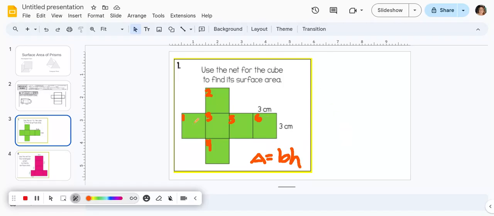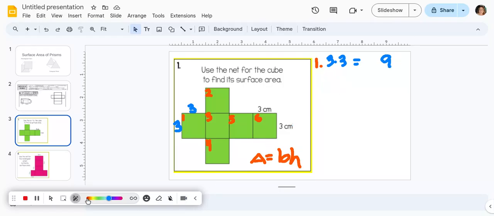So for shape number 1, I already said that this is going to be 3 and this is going to be 3. So my base is 3 times my height of 3. Well, 3 times 3 equals 9.